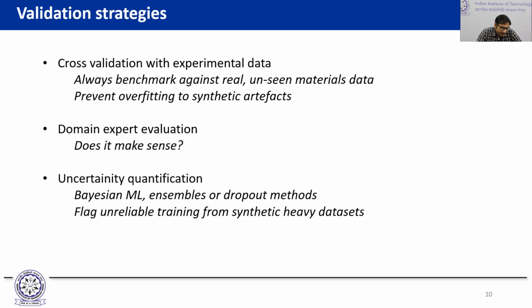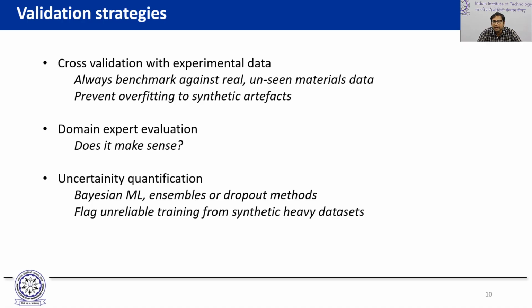The other thing that one can do is, if you can team up with a domain expert, or if you are yourself a domain expert, then you can look at the predictions and answer the question, does it make sense? If it does, maybe you can trust it. If it does not, then you might actually have to rethink your machine learning process. Uncertainty quantification is another thing which is very important.